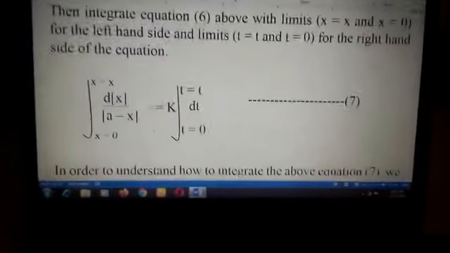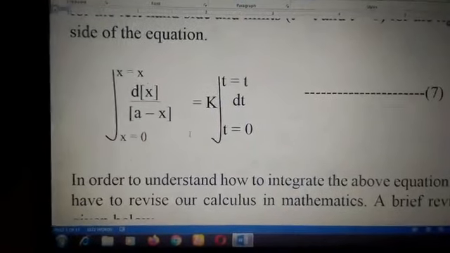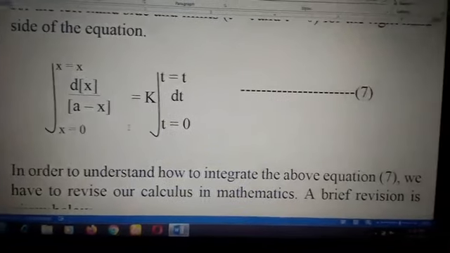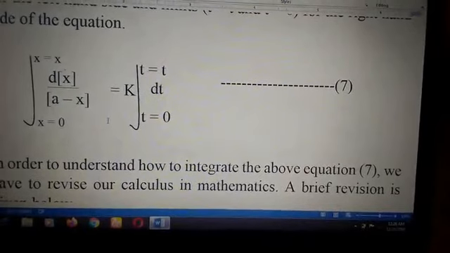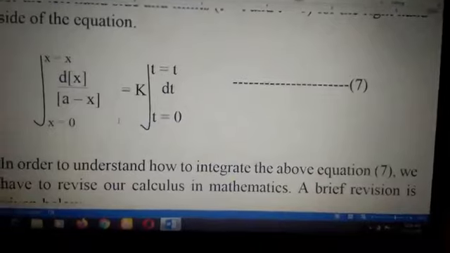You can see the integration sign; equation 6 is turned to equation 7. We integrate with limits s equal to s and s equal to 0. We also integrate the other side. We bring k out of the integration sign because k is a constant. So we now have t equal to t and t equal to 0.